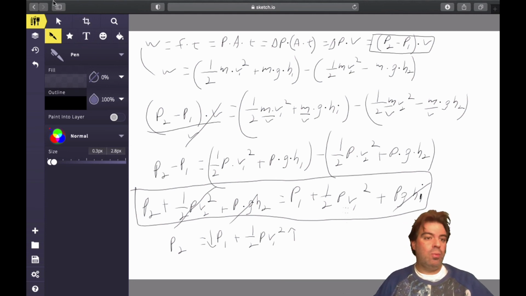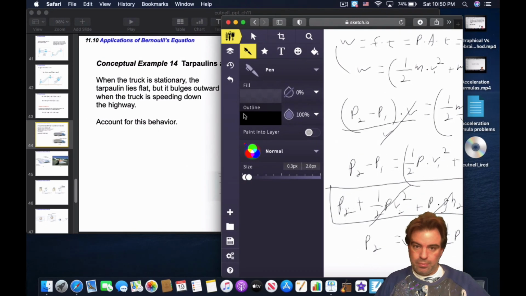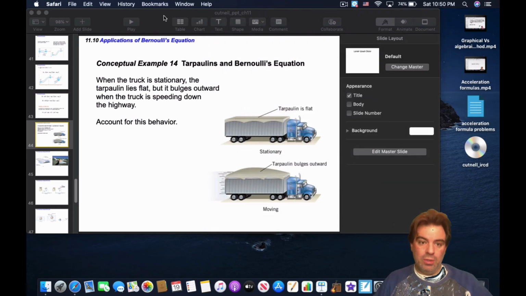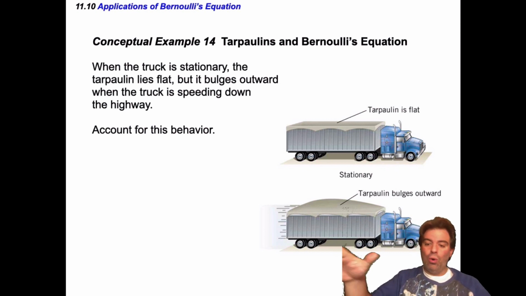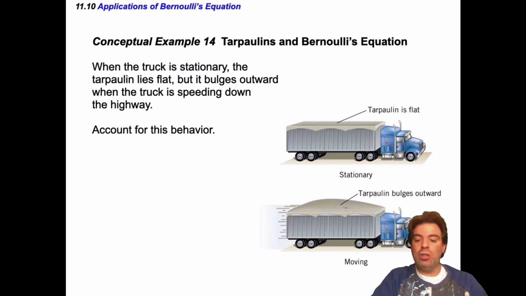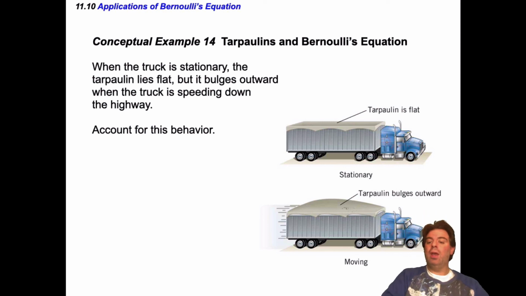So let's go back and explain our different scenarios in the presentation. When the truck is moving, the flow of air over the tarp is going to cause a decrease in pressure, and there's going to be more pressure inside the trailer, so it is going to push the tarp outward and bulge it.